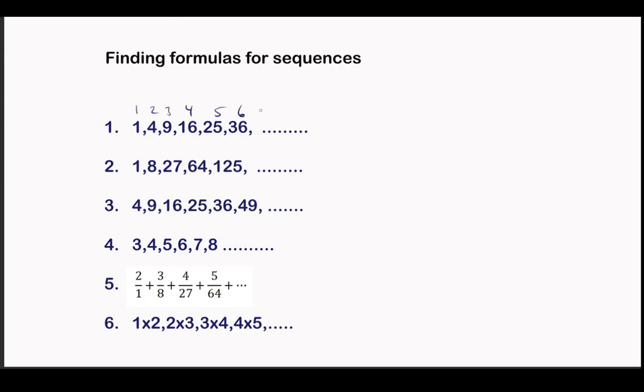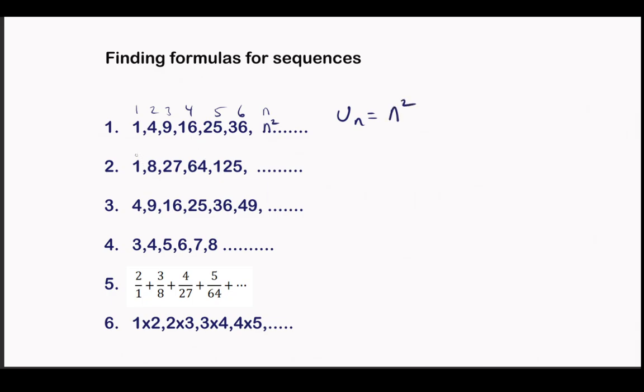So if you want the nth number in the sequence, n is just some letter that we're using, then hopefully you can see that it would just be n squared. Whatever the position is that you want in the sequence, you just square it and it tells you what the number is in the sequence. So in this case, un is just n squared, isn't it?